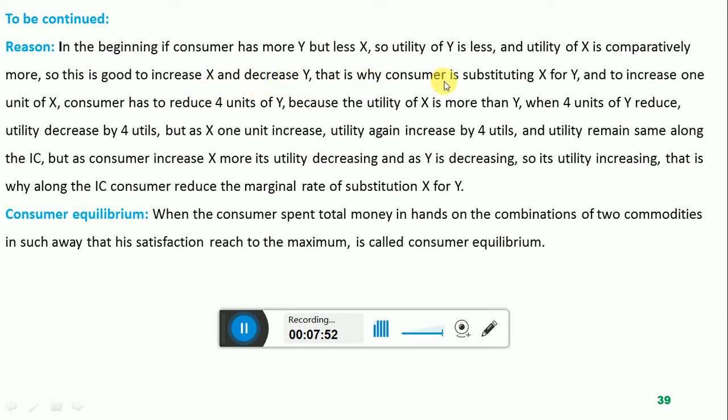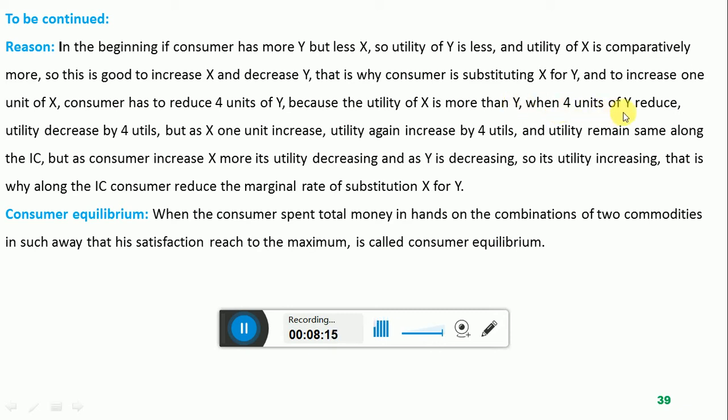That is why the consumer is replacing pizza with Pepsi, and to increase 1 unit of Pepsi, the consumer has to reduce 4 units of pizza, because the utility of the Pepsi is more than the utility of the pizza, and the commodity which provides more utility to the player, definitely the player will consume that commodity more.